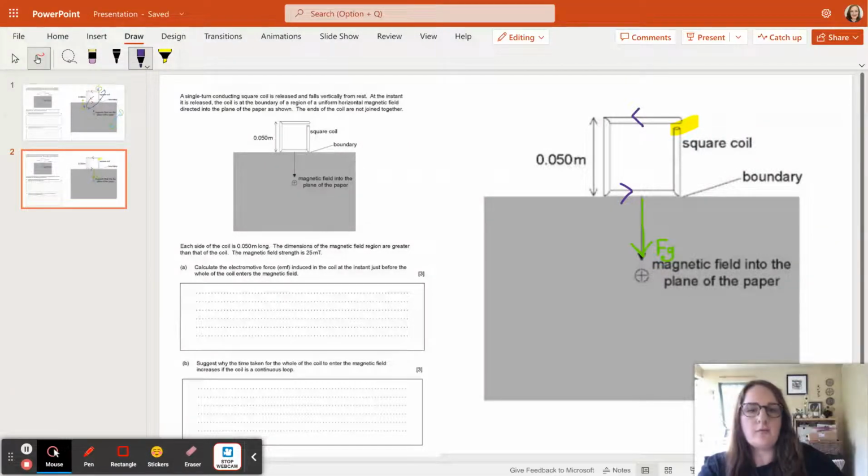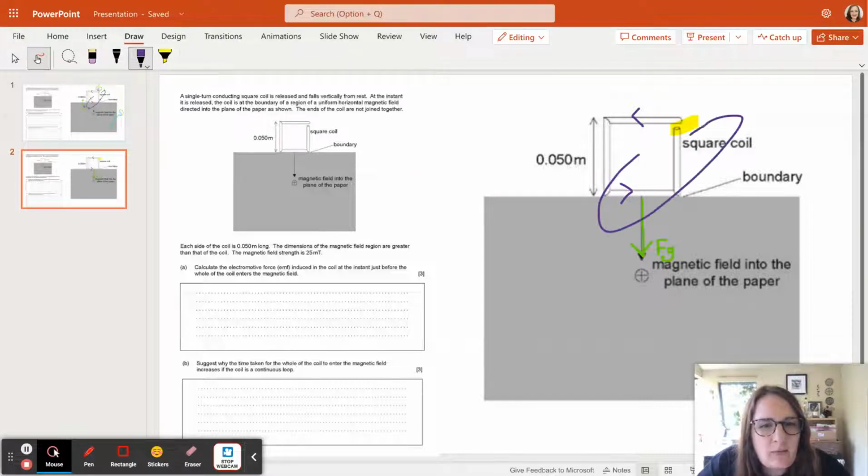If I try and draw it in 3D, I want you to imagine that this is in and out of the page, but obviously I can't draw that. What we've got is the magnetic field set up like this. So it's going to be north on this side of the coil, and it's going to be south underneath. Okay, so north closest to you in front of the coil, south behind the coil, but obviously I can't draw that.